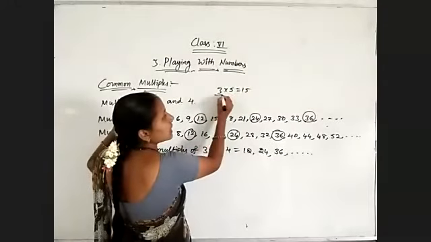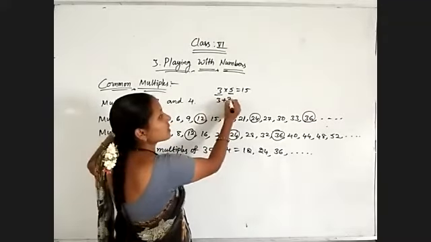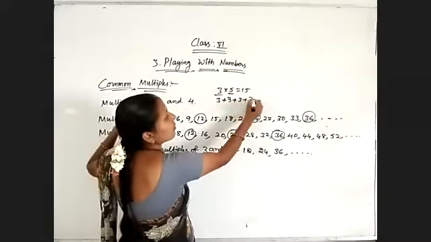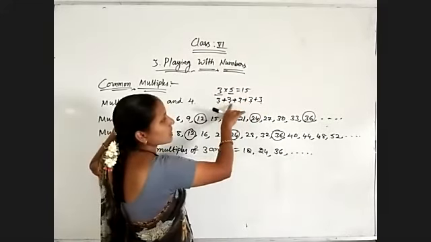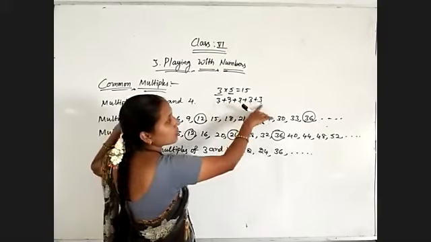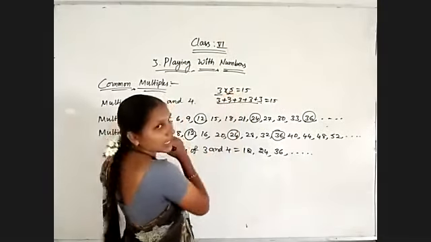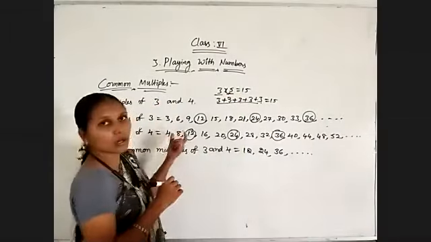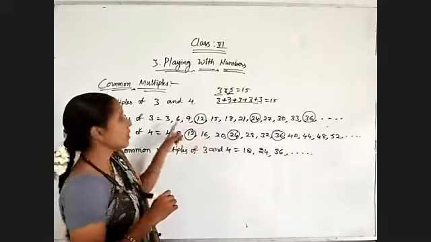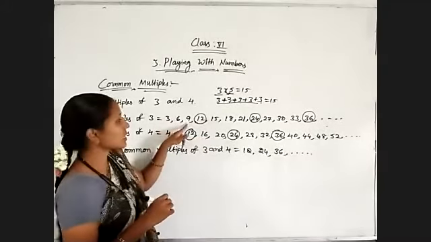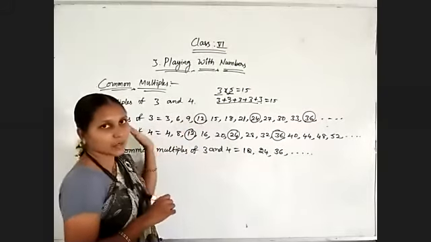That means 3 is added 5 times, as we discussed in whole numbers. 3 plus 3 is 6, 6 plus 3 is 9, 9 plus 3 is 12, 12 plus 3 is 15. Like that we can write the multiples of 3.